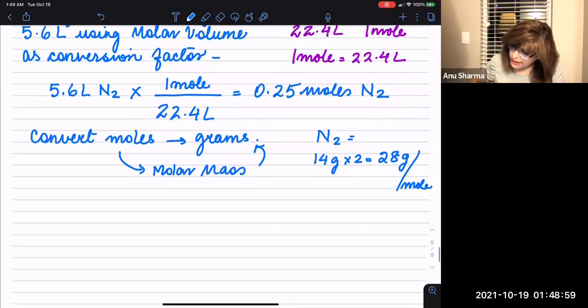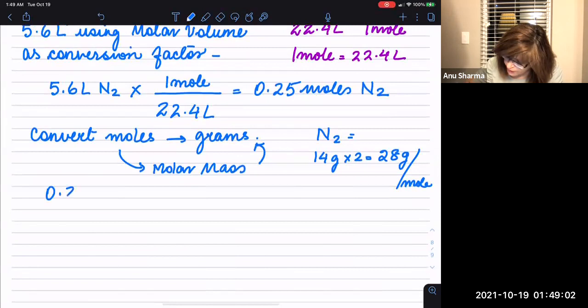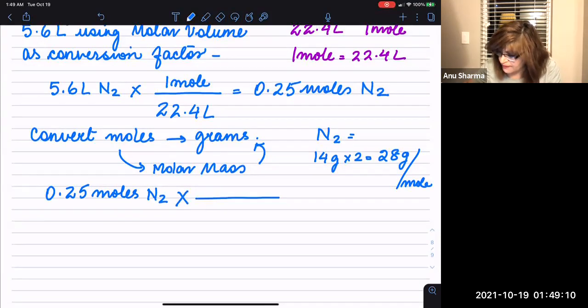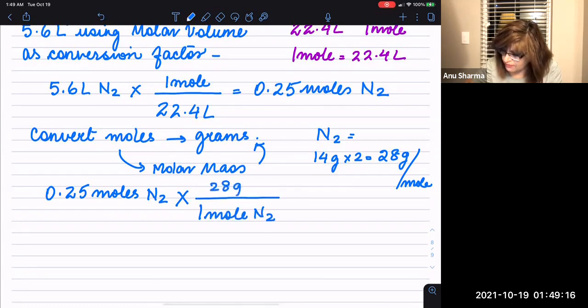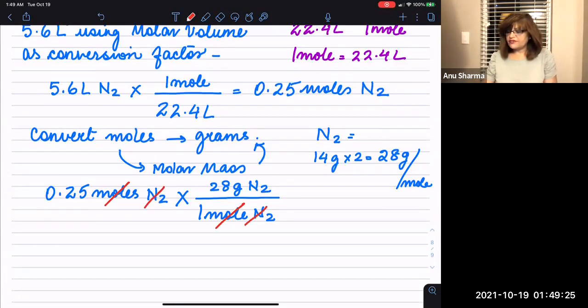So you take 0.25 moles of nitrogen times 1 mole of N2 equals 28 grams of N2. Now the moles of nitrogen cancel out and you're just left with the grams.